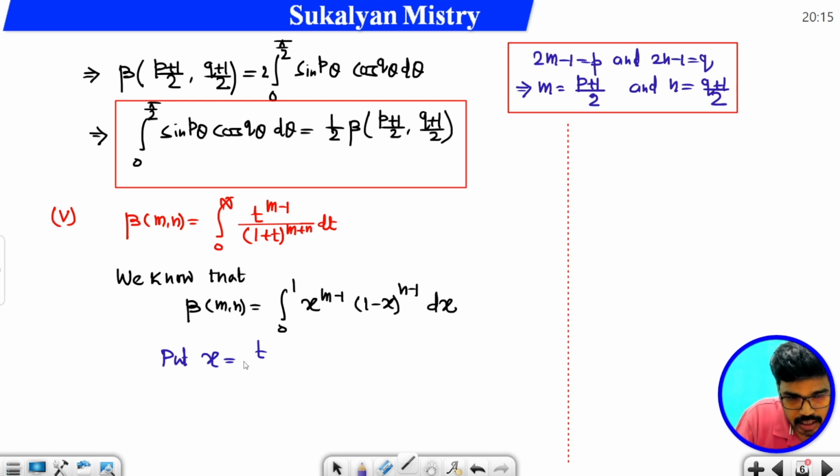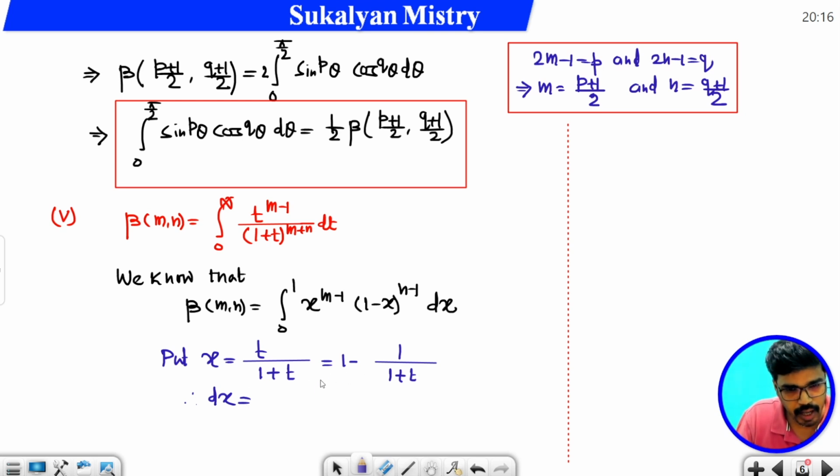We can write this as 1 minus 1 by 1 plus t, taking the LCM gives t by 1 plus t. If we differentiate this, what we get is dx equals 1 by 1 plus t whole square dt, right?